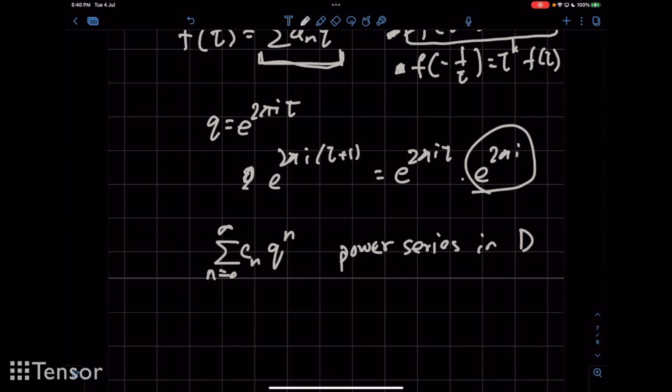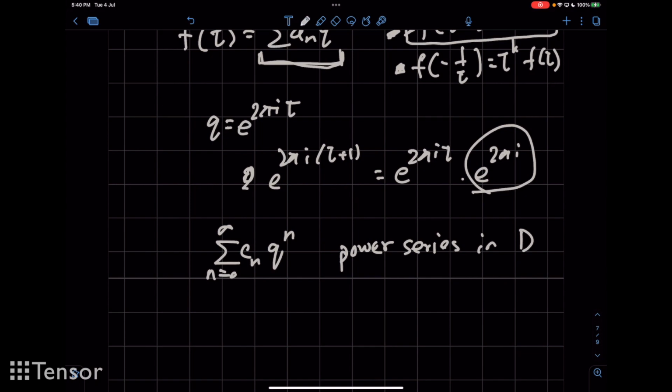If you are given a power series in the unit disk, then usually there is no simple way to check whether this is the q series expansion of a modular form.